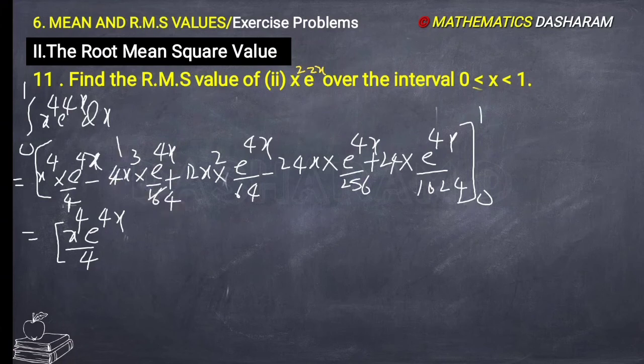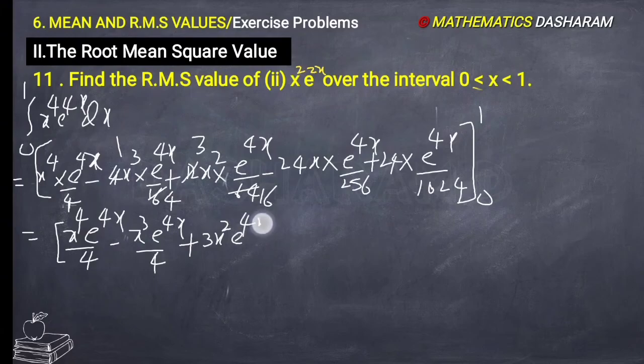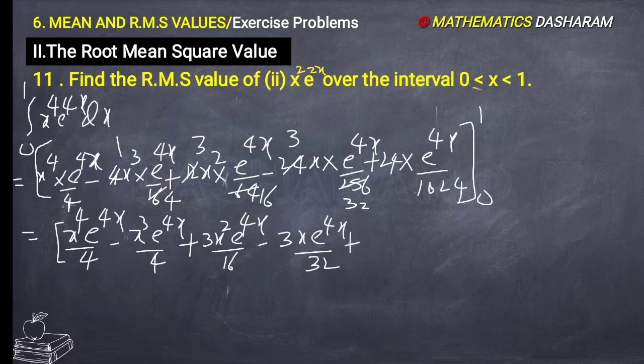Here 4 ones are 4, 4 fours are 16, x cube into e to the power of 4x divided by 4, plus here 4 3s are 12, 4 16s are 64, so 3x square into e to the power of 4x by 16, minus actually here 8 3s are 24, 8 2s are 16, so 3x into e to the power of 4x divided by 32, plus next 8 3s are 24, 8 8s are 64, so 3 into e to the power of 4x divided by 128, 0 to 1.